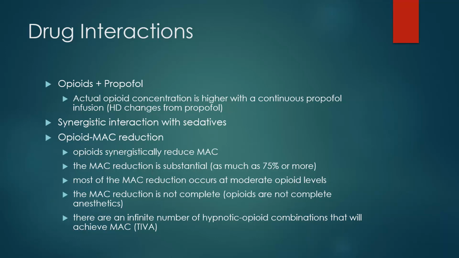When you combine opioids with volatile anesthetics, they reduce the MAC of the inhalation anesthetics. And this happens because opioids synergistically reduce the MAC, and the MAC reduction is substantial and can be as much as 75% or more depending on how much opioid you get.